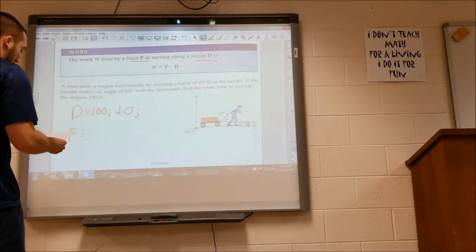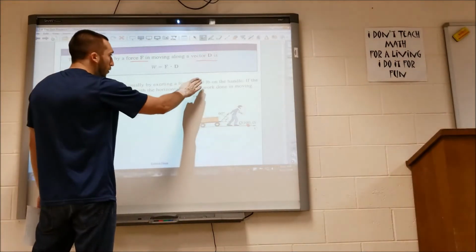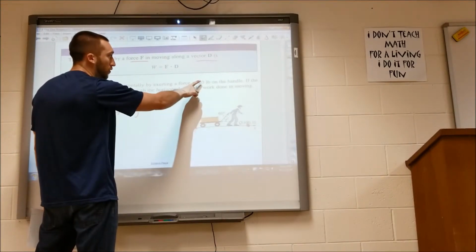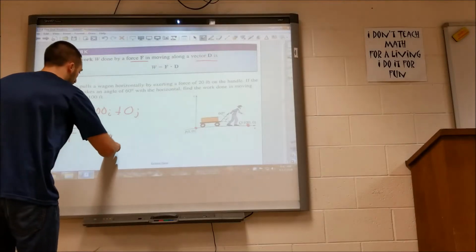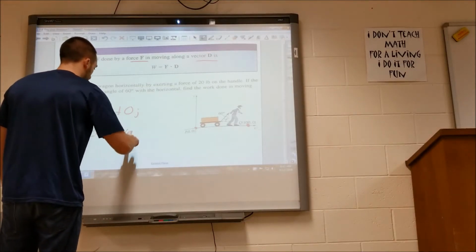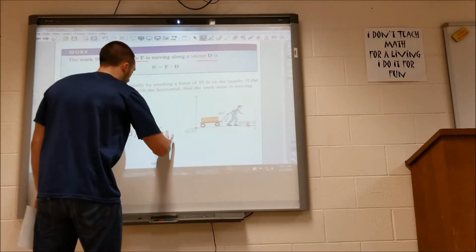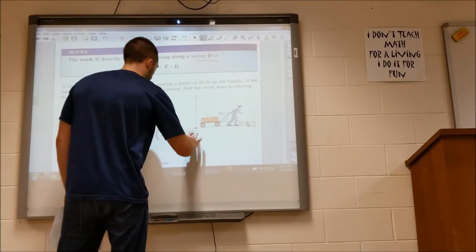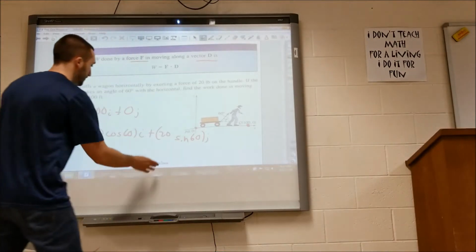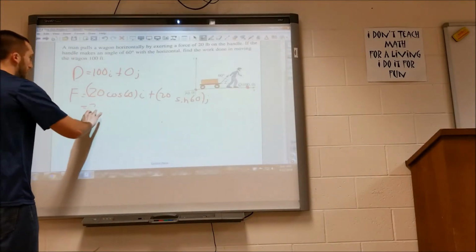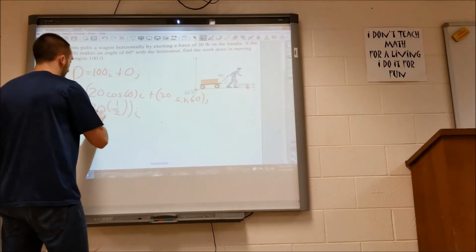So for the force, we got to think back to 7.7. When we want to find the components of the force, we know 20 pounds is acting on the handle, and we know the angle. So that's going to give us 20 cosine 60, and that's the i component, plus 20 sine 60, and that's the j component, right? The x and y parts. Continuing on, 20 cosine 60, we should remember, is 1/2, and that's all the i component.